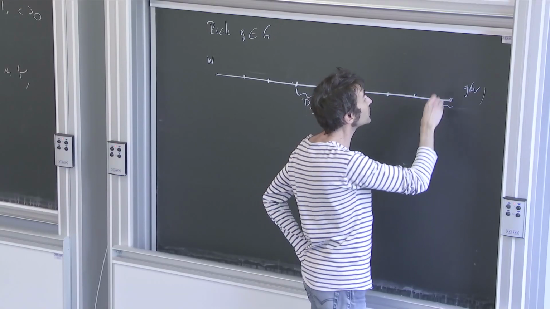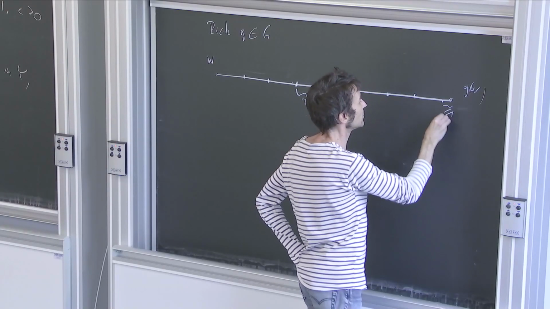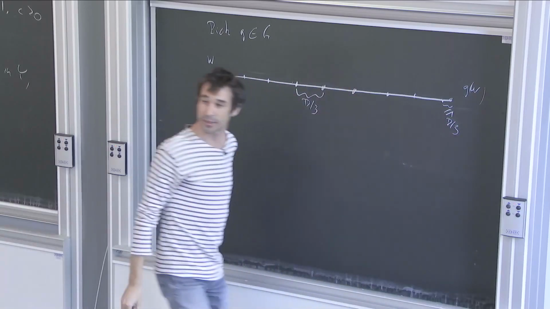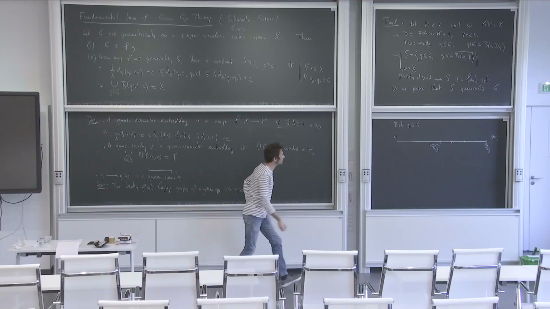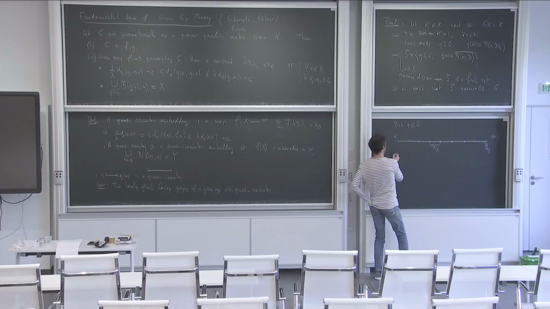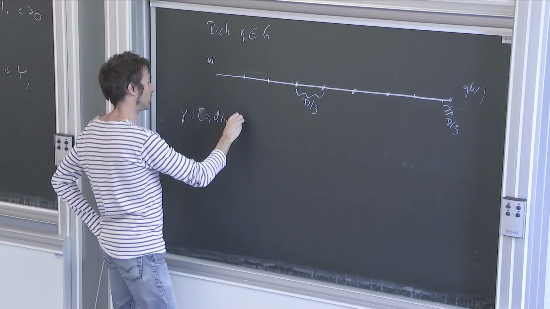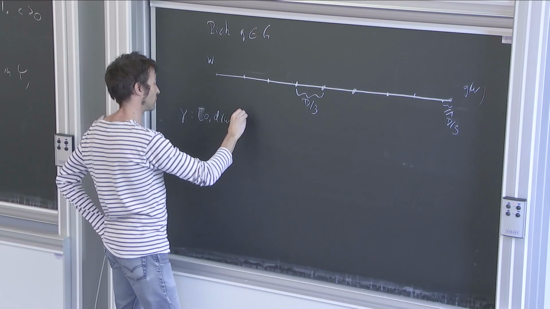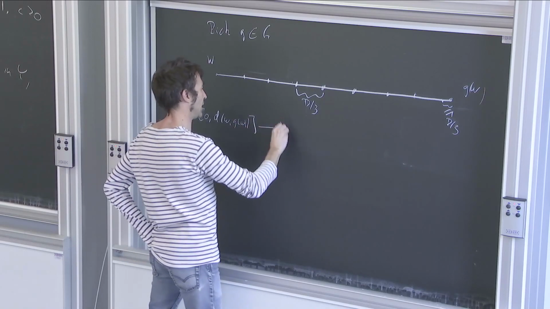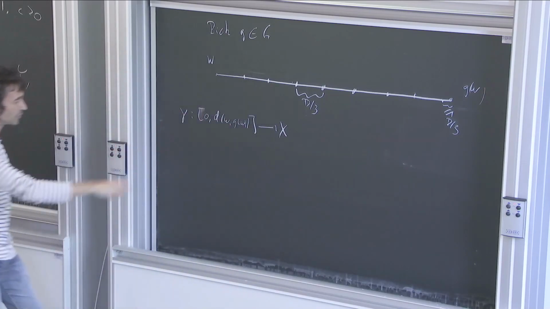And here maybe it's very small, but it's smaller than D over 3. Okay? So this means that, so I have my curve gamma from 0 to the distance from W to G of W, to X. So this is the curve in white.